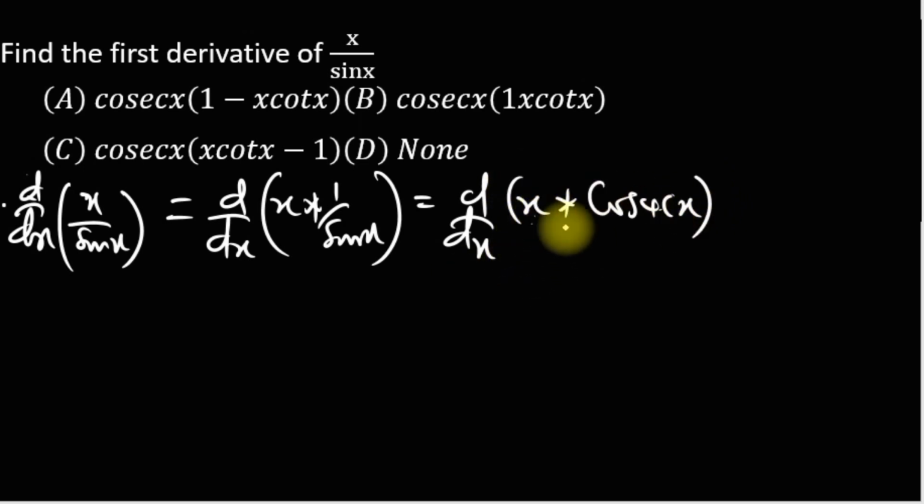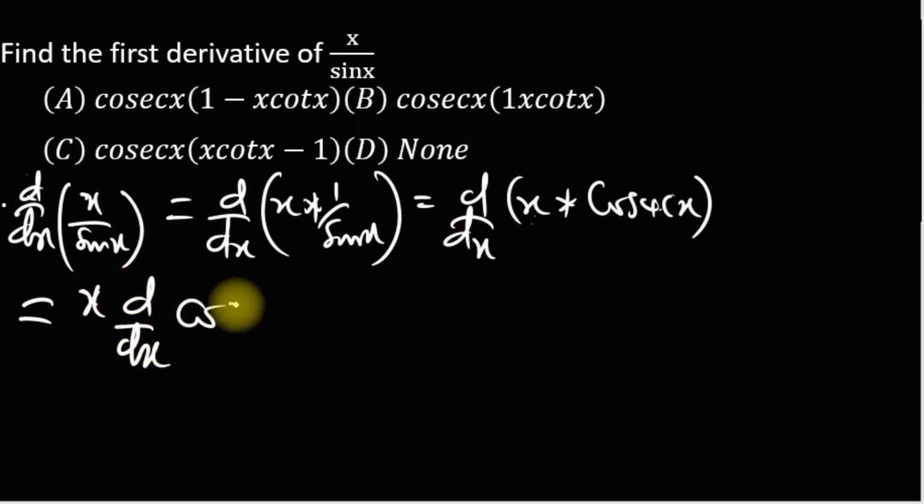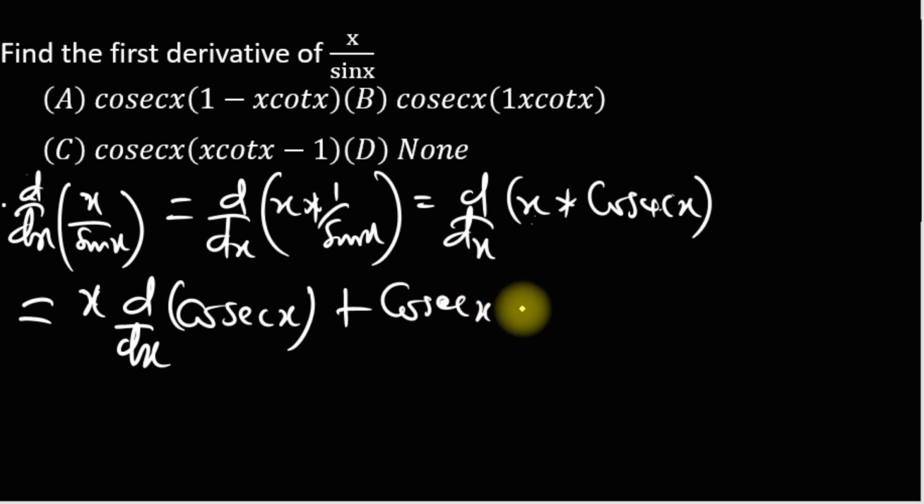This is our u and this is our v. So we have u dv. So the derivative of this is now u, which is x, times dv, that's the derivative of cosec x, plus v, cosec x, times the derivative of u, which is x.